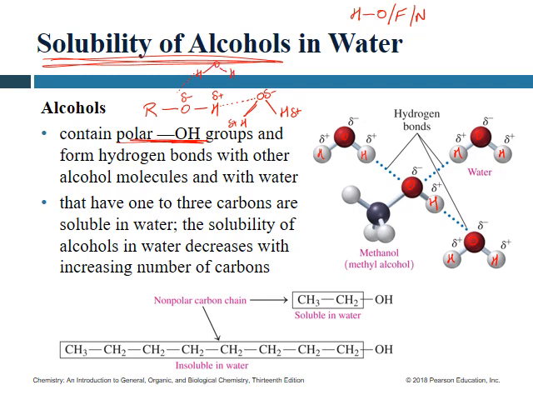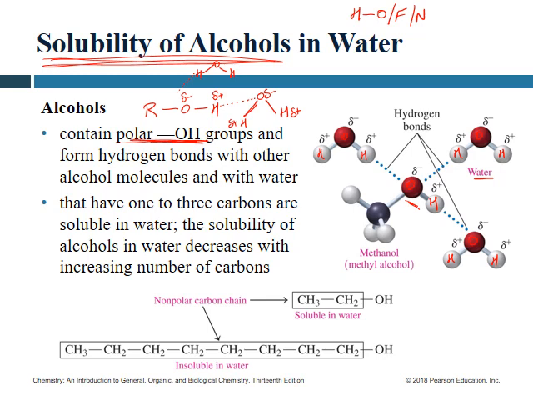So one alcohol can be involved in multiple hydrogen bonds. For instance, you can see this OH group can be involved in 3 hydrogen bonds with water, which makes it soluble in water because it can interact with water. Methanol is polar, and water is also polar, so they interact with each other, and they are soluble because they form hydrogen bonds.